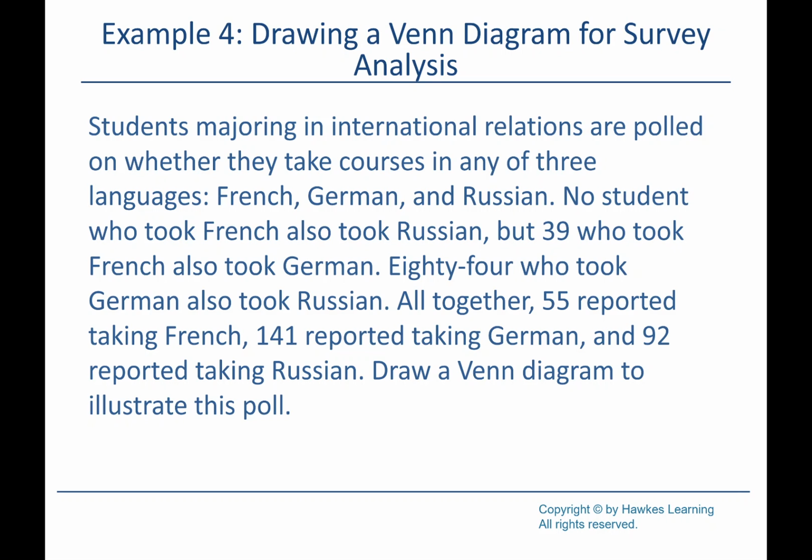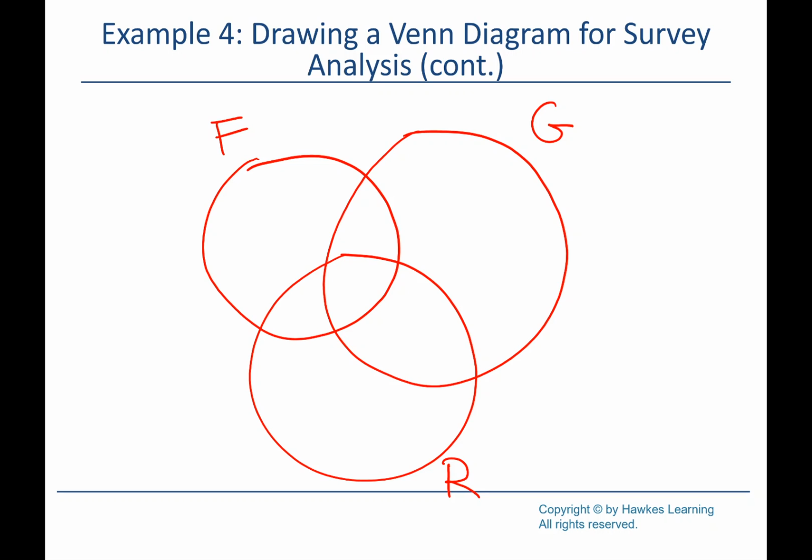Oh, I see why. Okay, it says no student who took French also took Russian. Okay, so we can start there, because what that tells us is that in the overlap between French and Russian, we've got zeros. So we go back to our overlap between French and Russian.